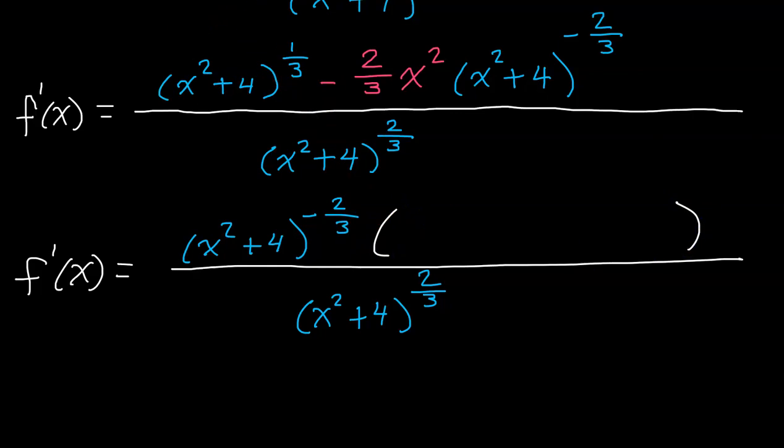To imagine what gets left behind, I'm going to use the shortcut that we developed on example 1. We are going to subtract negative 2/3 from each one of these exponents. Remember, when you subtract negative 2/3, you're really going to end up adding 2/3.